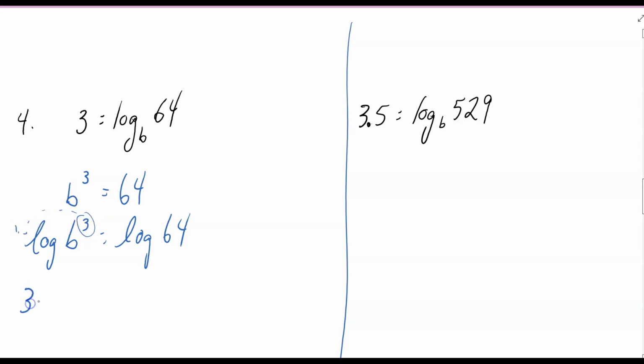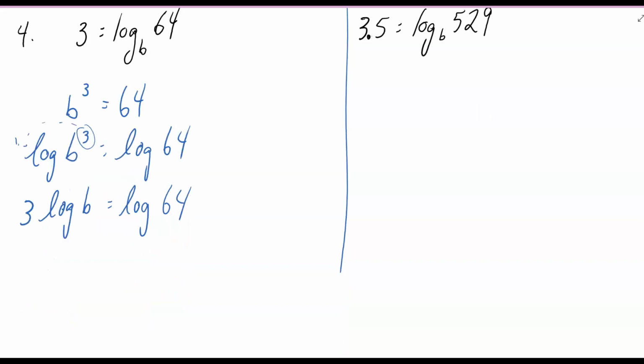So it is 3 log b equals log 64. And with 3 multiplied by log b, we can begin to isolate that b, which is starting to isolate log b by division by 3. So log b equals log 64 divided by 3.